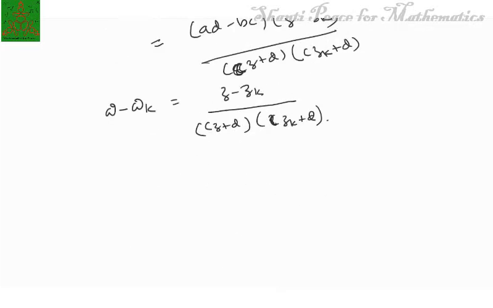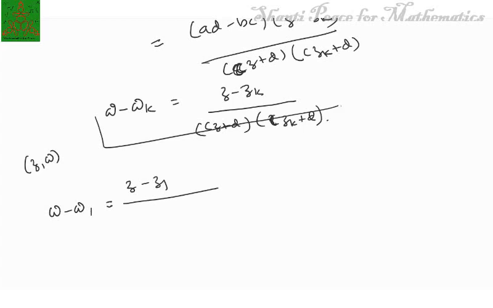Since for each pair W and Z we can have the same type of expression, for example, what is W minus W1? It is (Z minus Z1) upon (Cz + D) into (Cz1 + D).